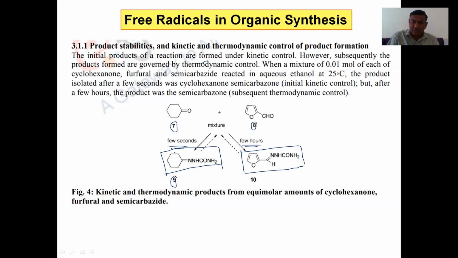So here there will be addition on this carbonyl, and after a few hours there will be addition on this carbonyl. So these are kinetic and thermodynamic products from equimolar amounts of cyclohexanone, furfural and semicarbazide. So this is the best example to understand the product stability, kinetic and thermodynamic control, right?